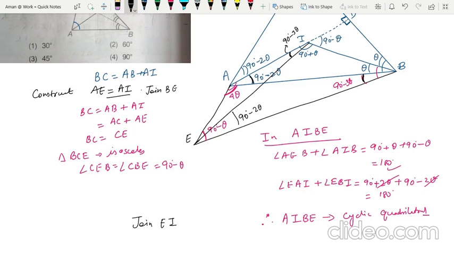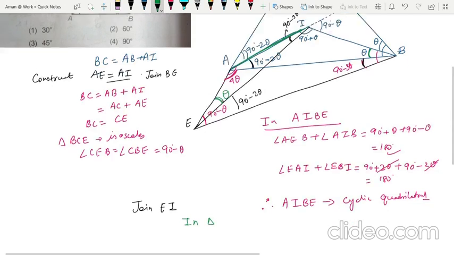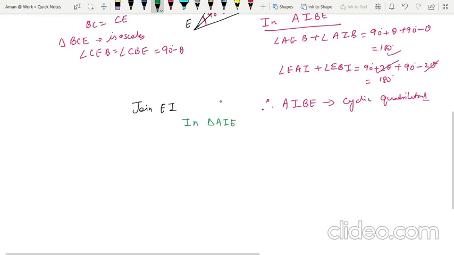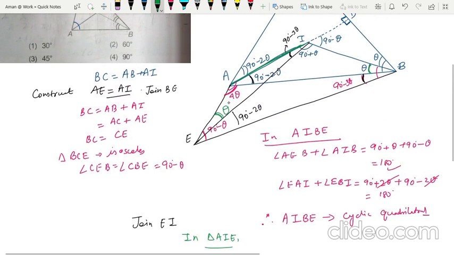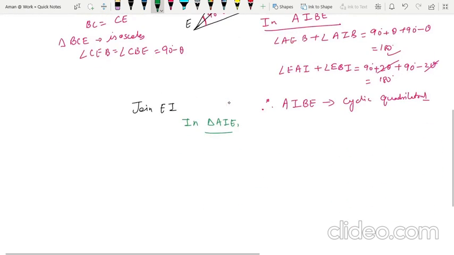One more thing: consider the segment AI. This segment makes an angle theta here, so in the same way this segment will make angle theta here also. So in triangle AIE, the line segments AE and AI are equal, therefore this triangle becomes an isosceles triangle again.